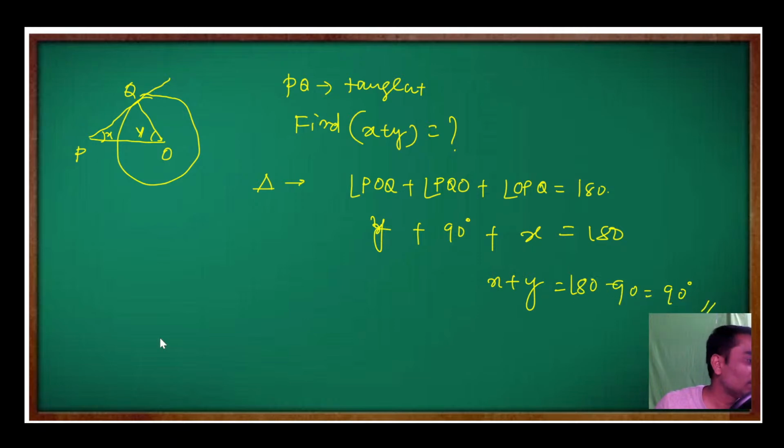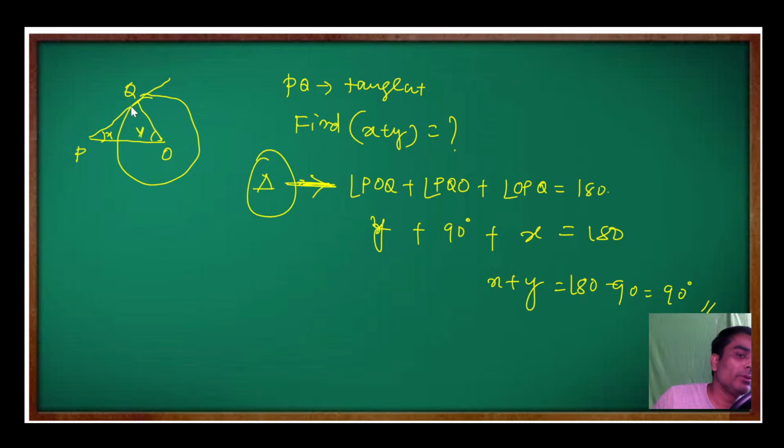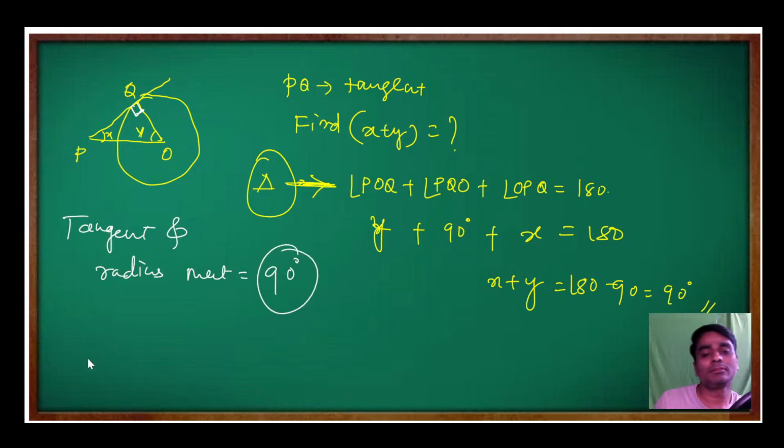That's all. Triangle means sum of angle property. Why 90 I took, everyone knows, right? Wherever the tangent and radius meet, they make 90 degree. That's why I have taken this angle as 90 degree.